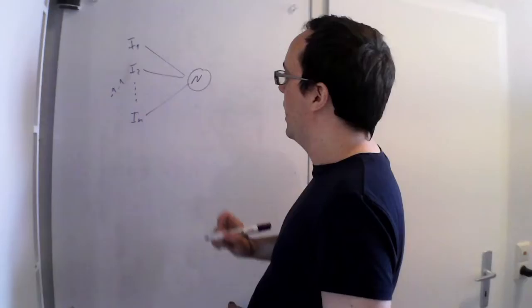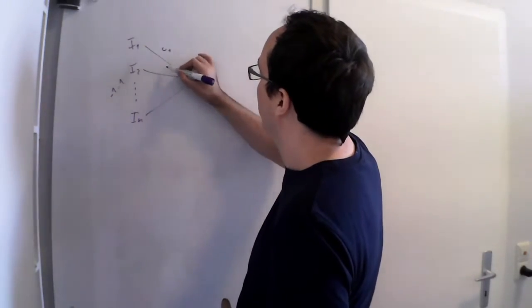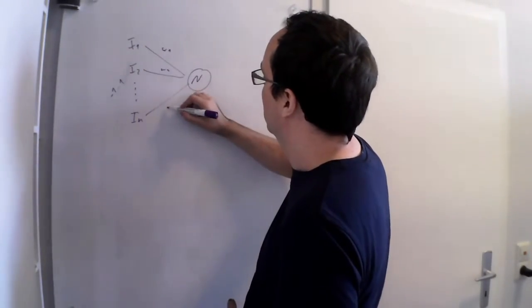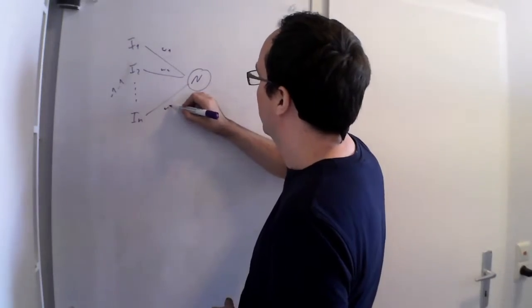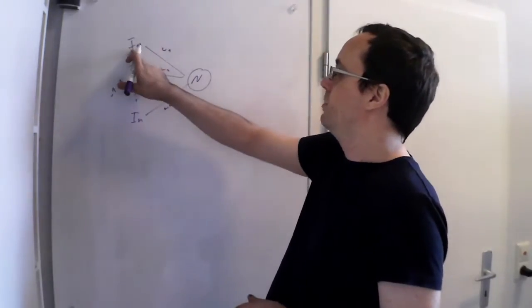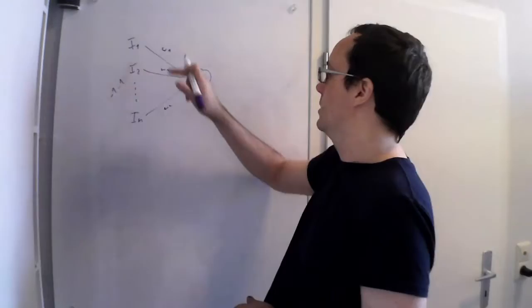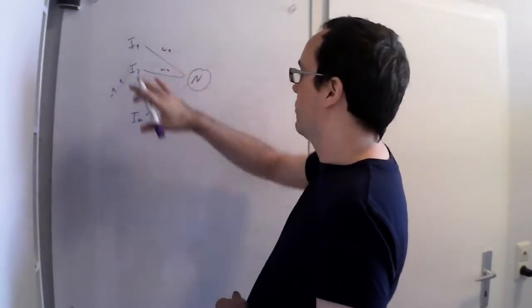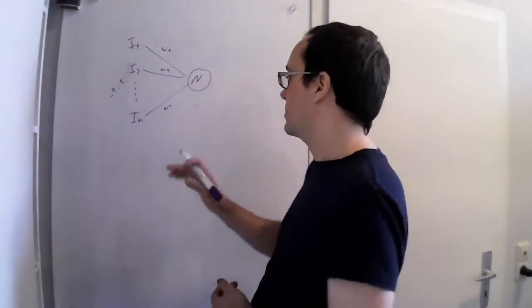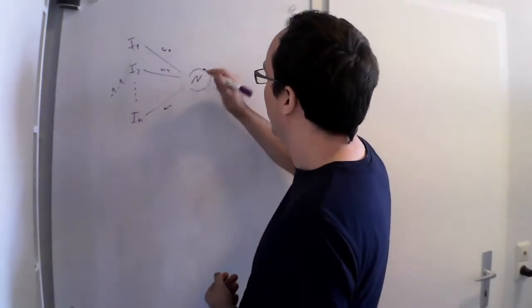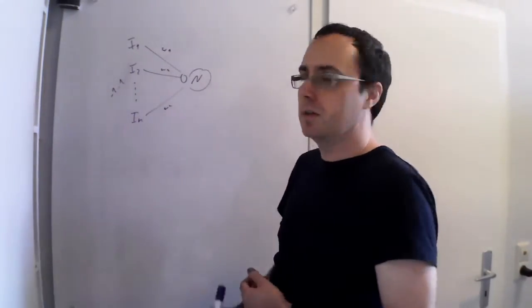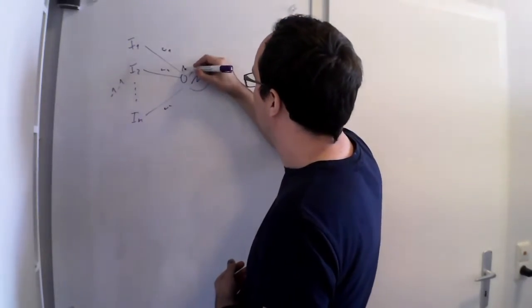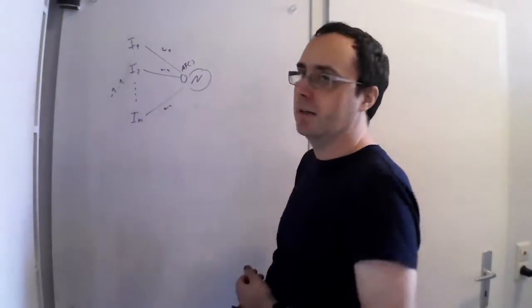And then you have weights. Every edge has a weight. And so you take your input, multiply it by the weight, and you create the sum of all weighted inputs. And then on top of that, you actually have, in front of the neuron, an activation function, right?